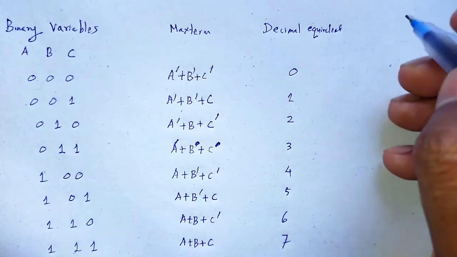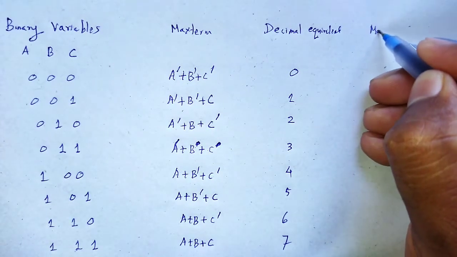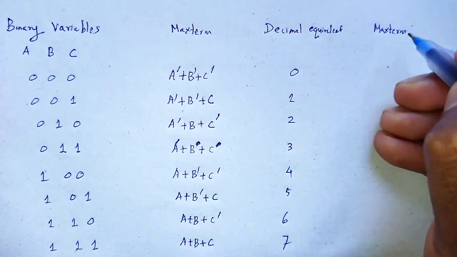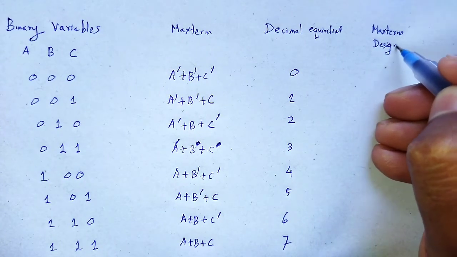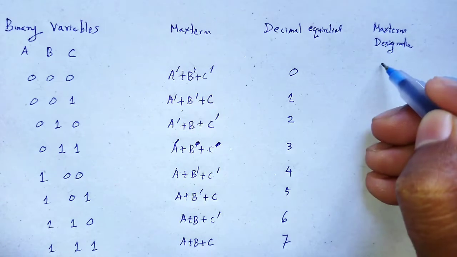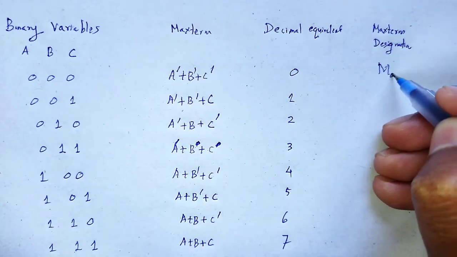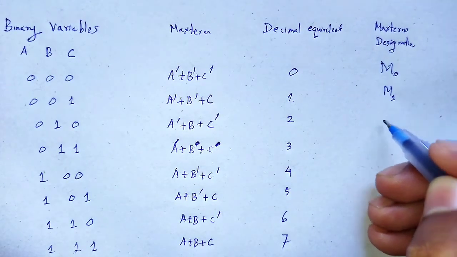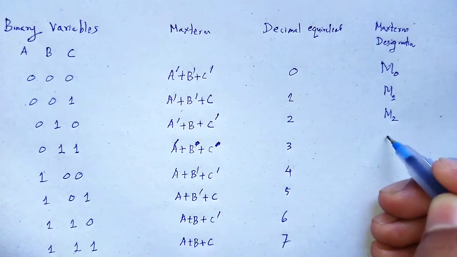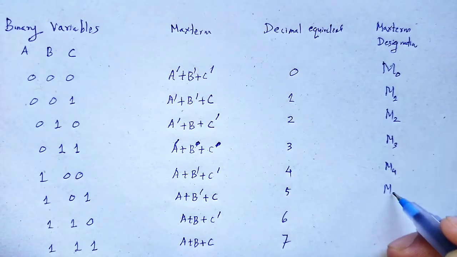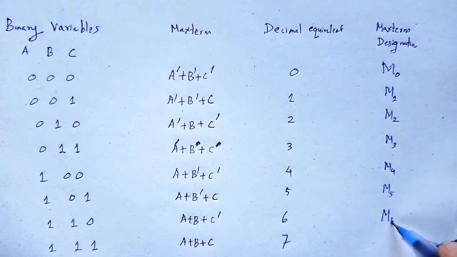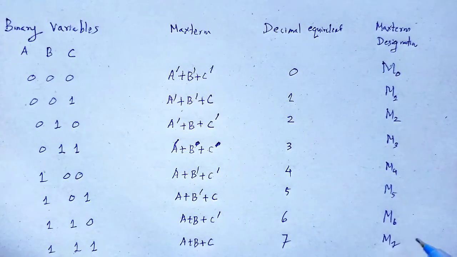Its Maxterm designation is capital M0, M1, M2, M3, M4, M5, M6 and M7.